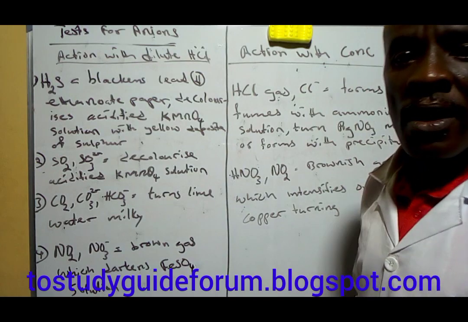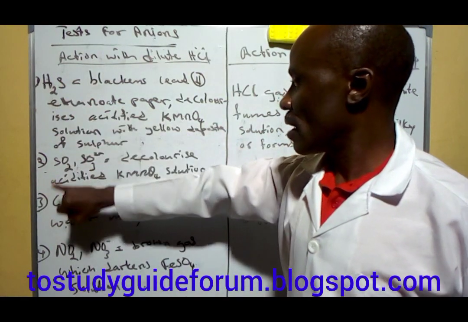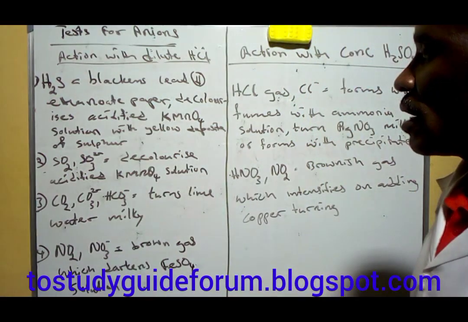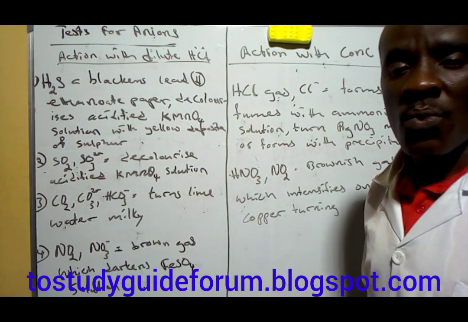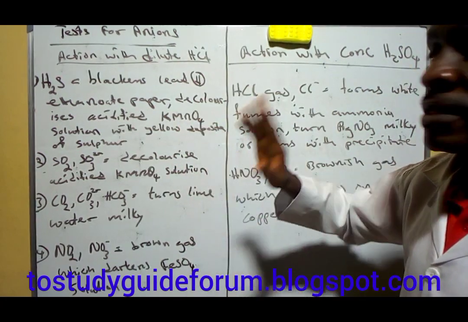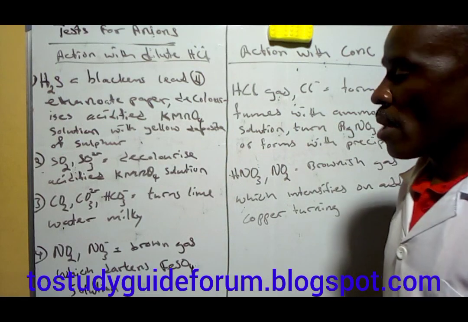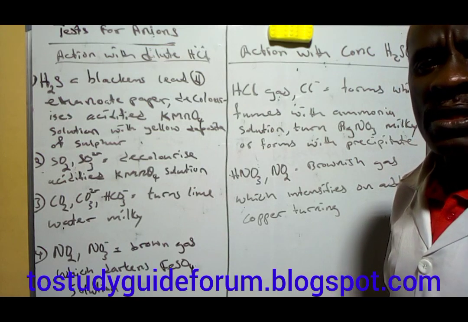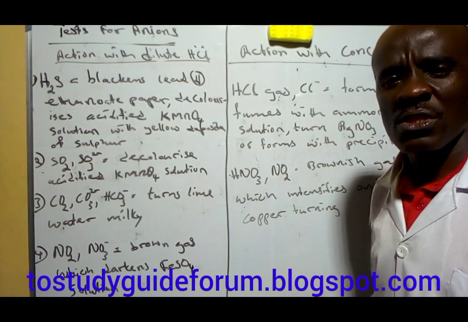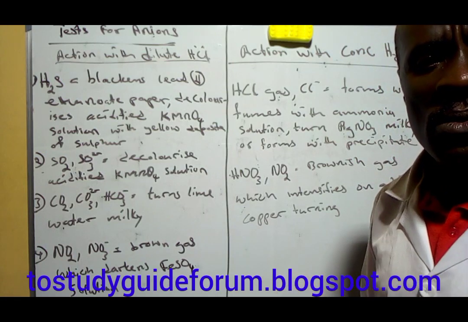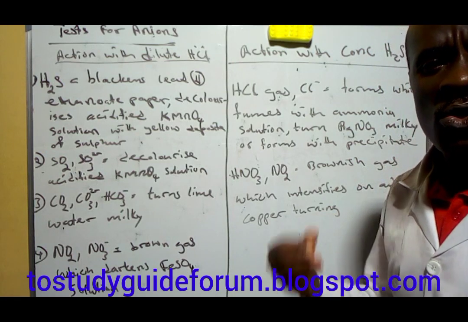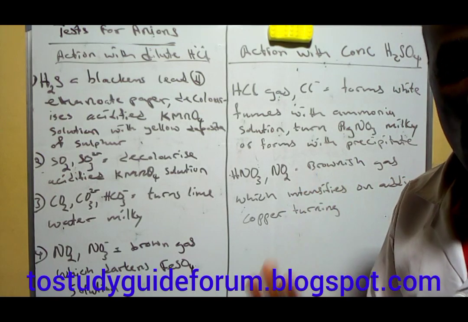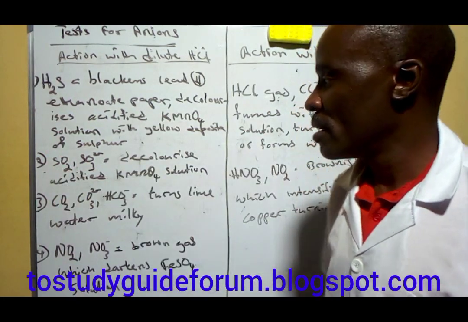The difference between hydrogen sulfide and sulfur 4 oxide is that hydrogen sulfide will decolorize potassium permanganate with a yellow deposit of sulfur, and change potassium dichromate from orange to green, also with a yellow deposit of sulfur.